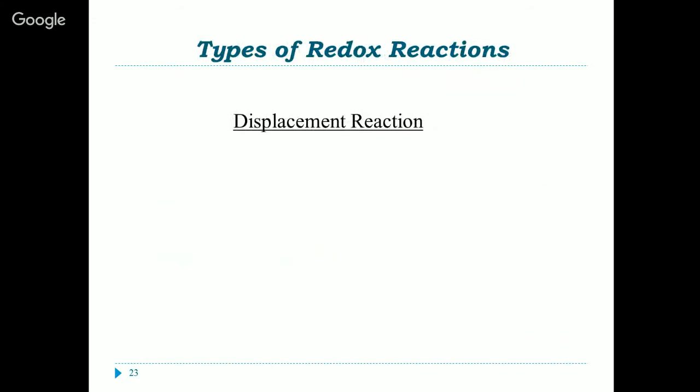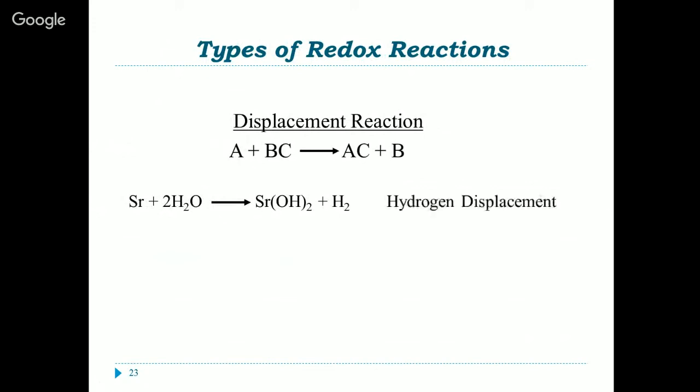So types of redox reactions, we've seen a couple of these earlier. A single displacement. A kicks B out to replace it. So strontium plus water, we're actually going to kick out some of the hydrogen to form strontium hydroxide. That is called a hydrogen displacement. We can also see metal displacements where magnesium replaced titanium in this compound.